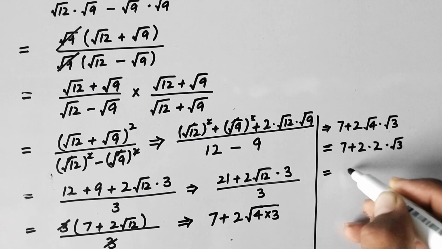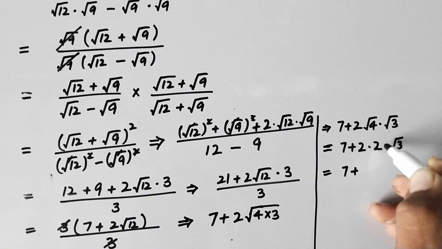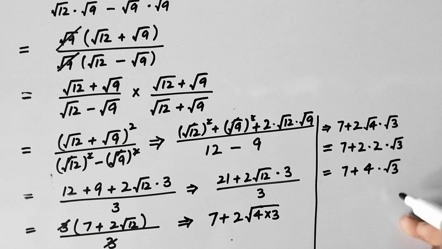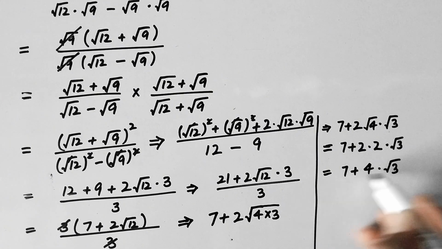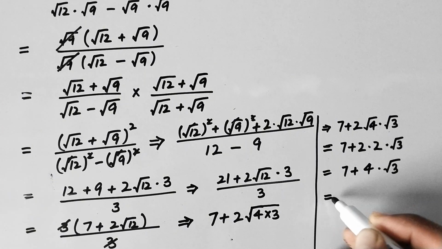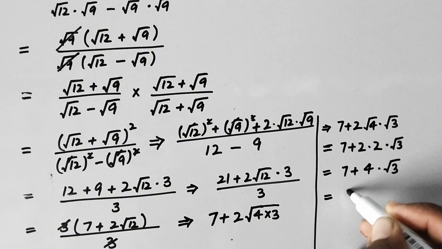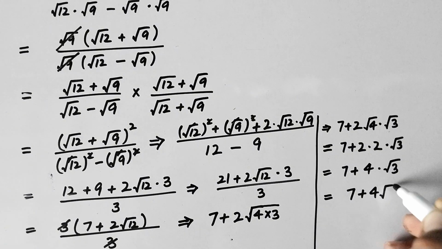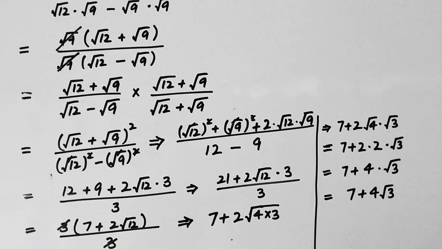Now here will be 7 plus 2 times 2, which is 4, times square root of 3, and this term is our final simplified answer: 7 plus 4 times square root of 3.